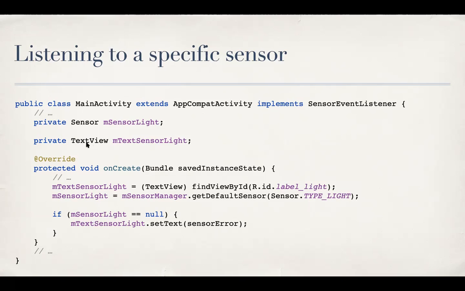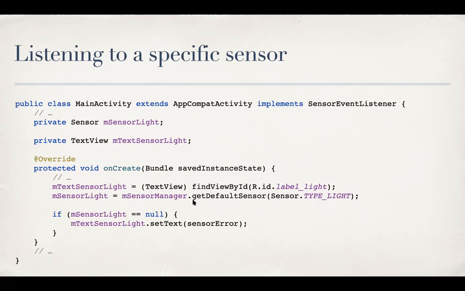And then we are going to have a text view which will simply display the value of the light sensor in big numbers, a large font, I mean. So we grab the text view as usual. And now we get the sensor light by calling the default sensor.